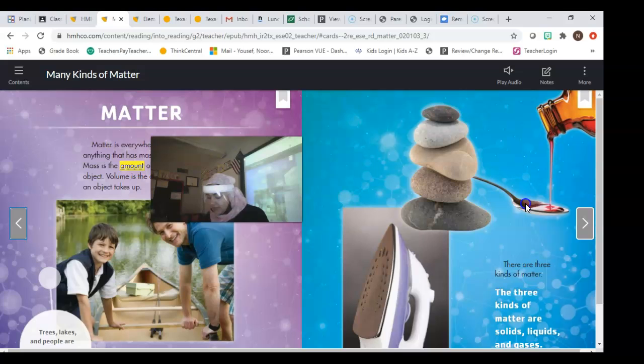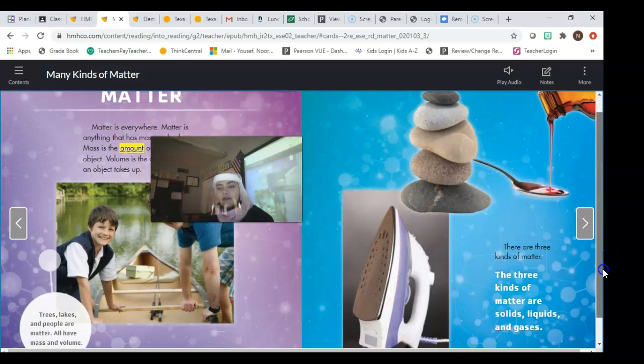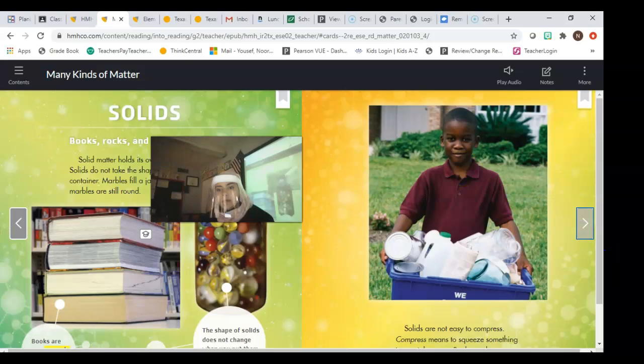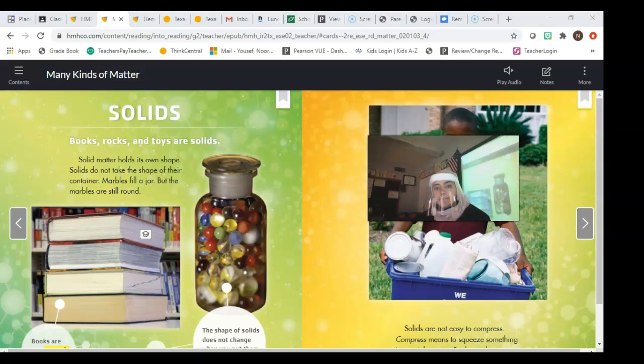Medicine. Good job. Why do you think that the author chooses to show irons, rocks, and medicine on this page? Dominic? Very good. To show the different kinds of matter: solids, liquids, and gases. This is a solid, the rocks, the liquid is the medicine, and the gas is the steam that comes out of the iron. Very good. All right, let's keep going.